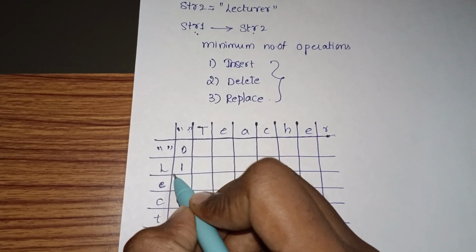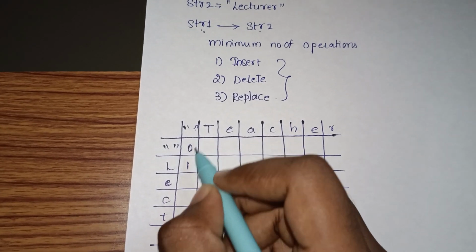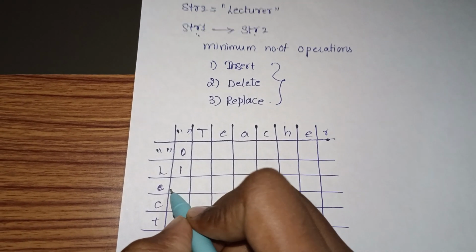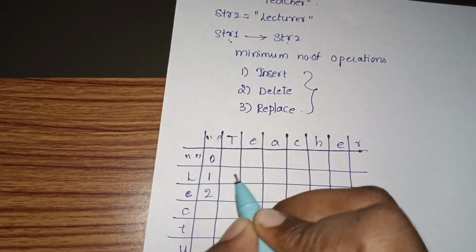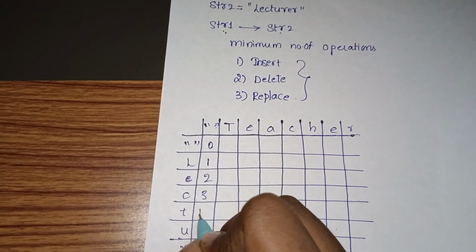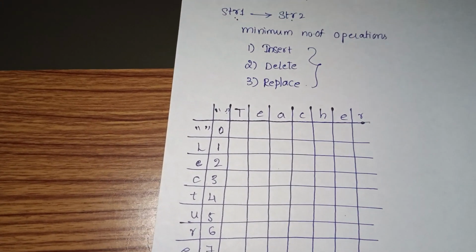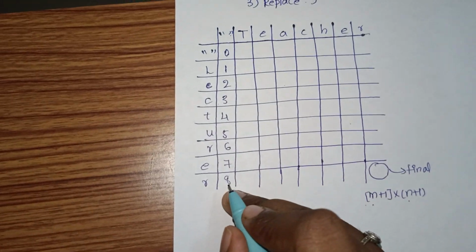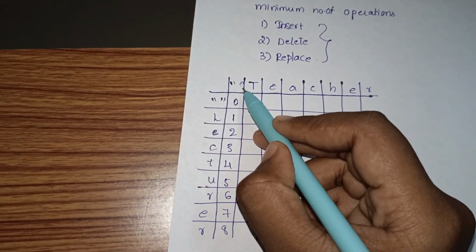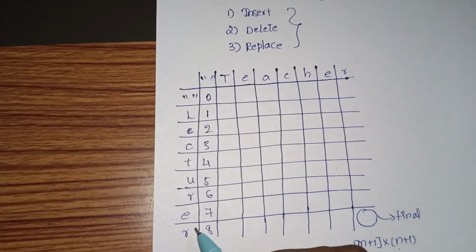It will take 2 operations to convert the empty string into LE, that means 2 insertions, so 2. And so on. If you continue, you will require 8 insertions to convert the empty string into lecturer.